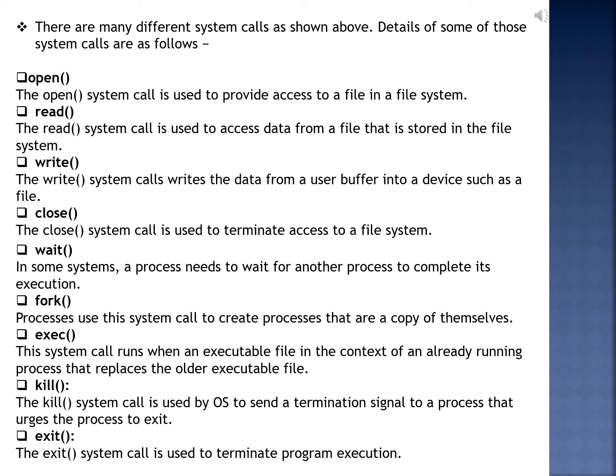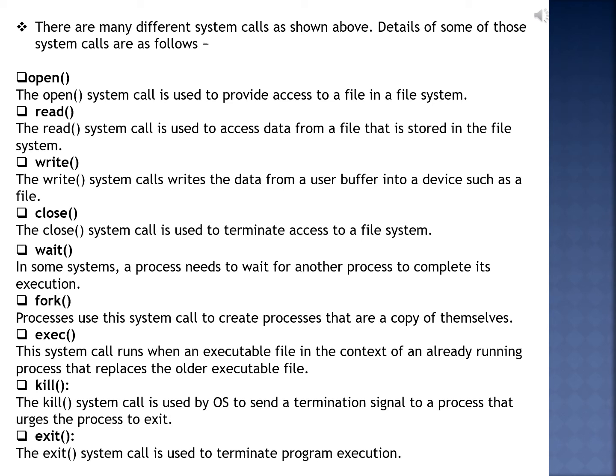Next one is kill. The kill system call is used by the OS to send a termination signal to a process that asks the process to exit. However, a kill system call does not necessarily mean killing the process and can have various meanings. And the last one is exit.